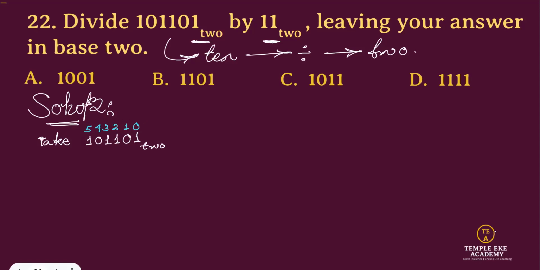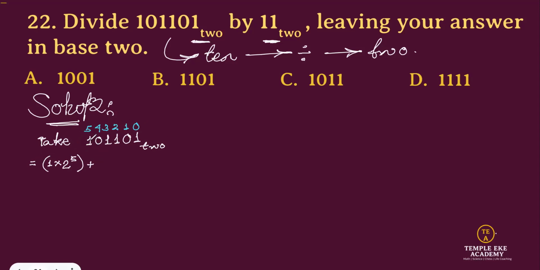We have the first digit, which is that 1 right there. 1 multiplied by the base, and the base is base 2, raised to the power written on that digit, which is 5, plus the next digit.